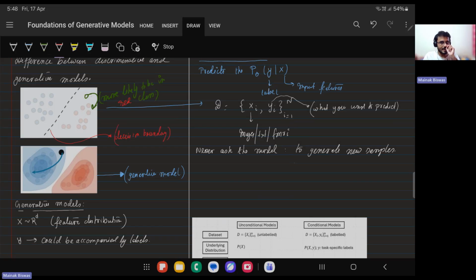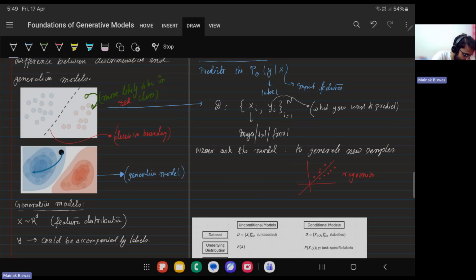If you are on one side of the decision boundary, you say you are in one class, and on the other side of the decision boundary, you say it is in the other class. You could also do regression and things like that. But in regression, it will just be a fit to the line, a fit to the data that you have. But given a new data point, you can just make a prediction of its output. That's all discriminative models can do.